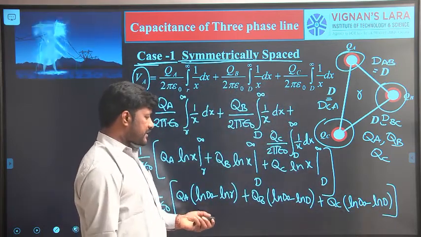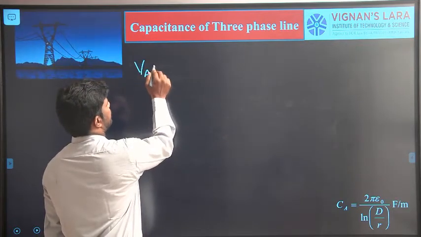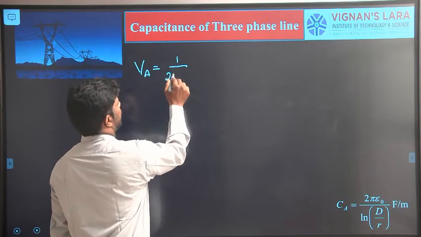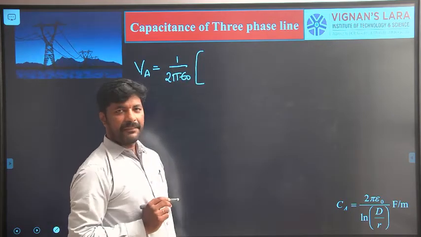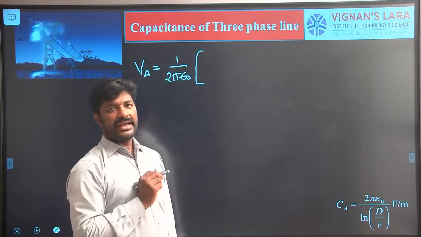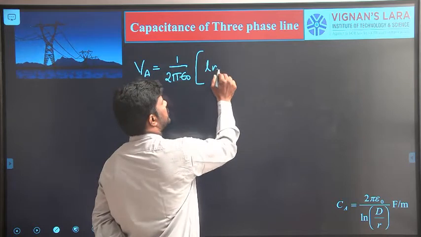Once expanding this, you can rewrite the potential of conductor A as 1 by 2 pi epsilon naught of, multiplying the charges with the natural logarithmic terms inside, you will get ln of infinity as common.